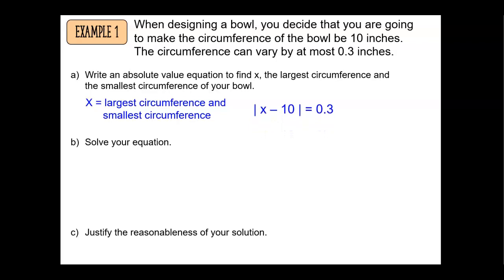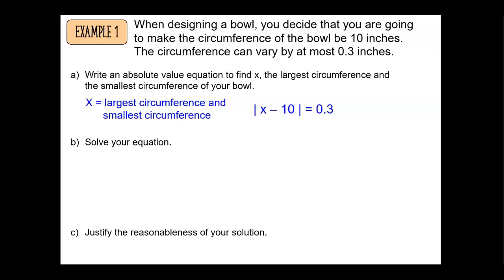All right, so there it is. Let me explain this to you. You always put the absolute value bar, then you put X, then you put minus, and then 10 is the ideal, right? Don't you want that bowl to be 10 inches? So that's the ideal. You put the next bar, and then it equals whatever the little number is that you want it to be above or below.